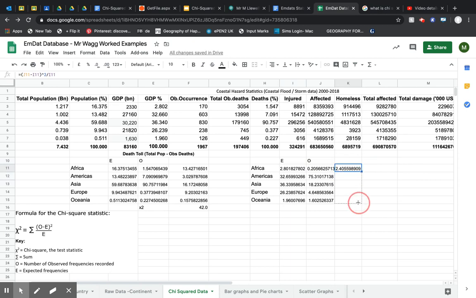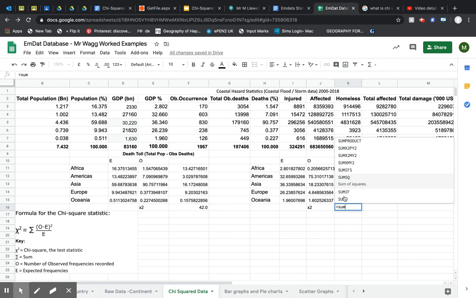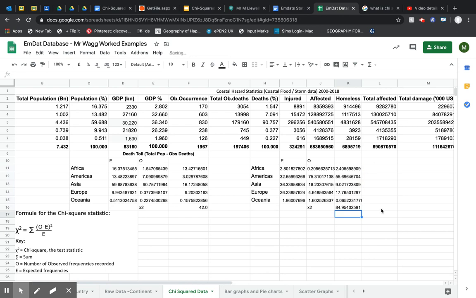I can copy that down, and I can then do my sum. Add up those ones for me, please, spreadsheet. Excellent. There we go. Add them all up again.